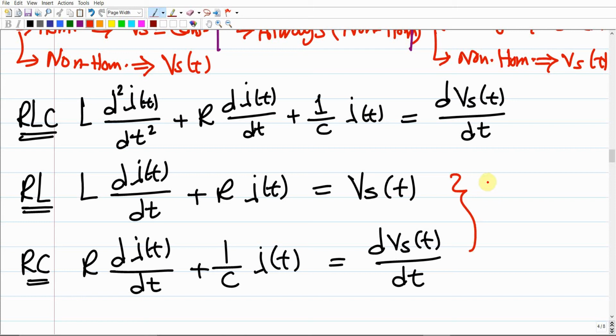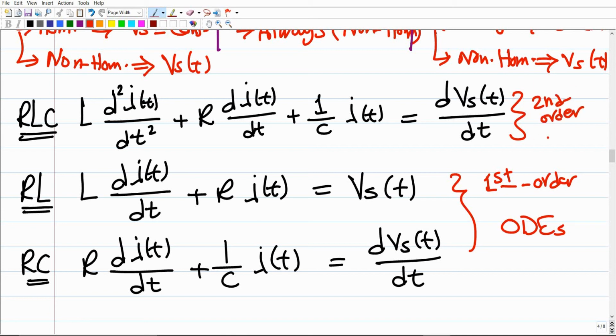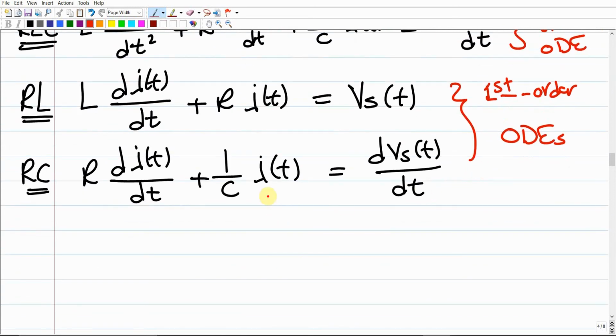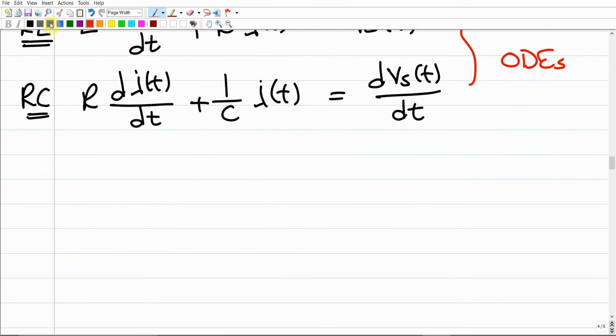What I'm going to do here is refresh your mind on the way of solving the first order ODEs, and also how we can solve the second order, because this is just a second order ODE. So we're just going to work purely with mathematics, to refresh your mind on how we can solve a first order ODE, and this is the first thing that I'm going to start with.